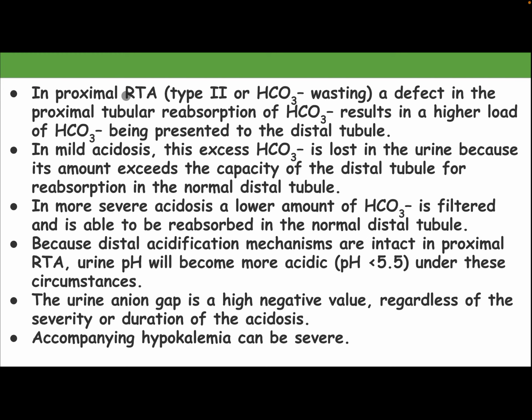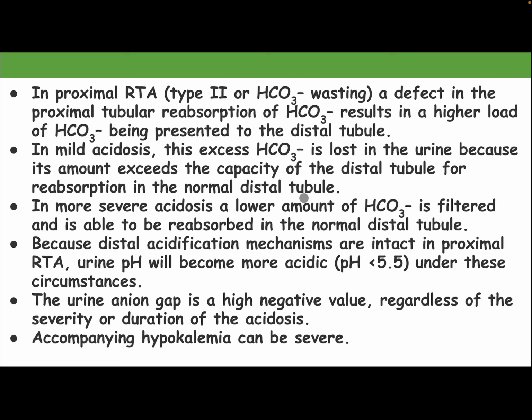In proximal RTA type 2, or bicarbonate wasting, a defect in the proximal tubular reabsorption of bicarbonate results in a higher load of bicarbonate being presented to the distal tubule. In mild acidosis, this excess bicarbonate is lost in the urine because its amount exceeds the capacity of the distal tubule for reabsorption.